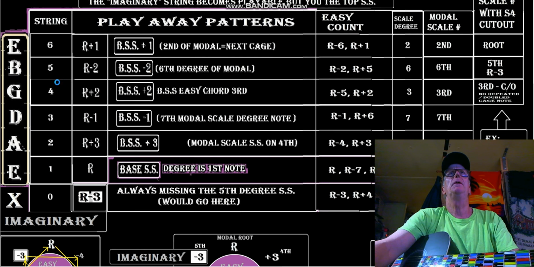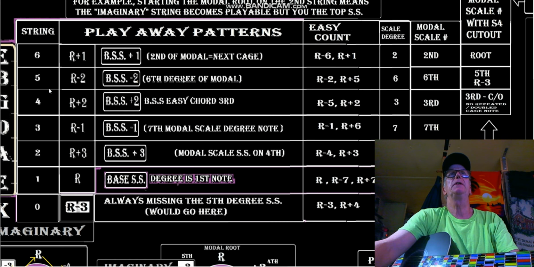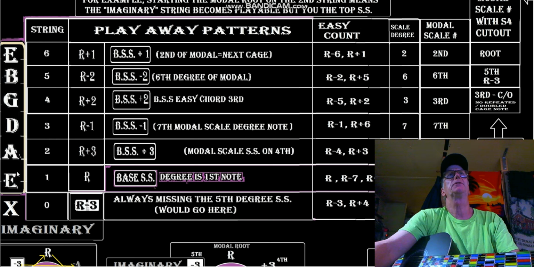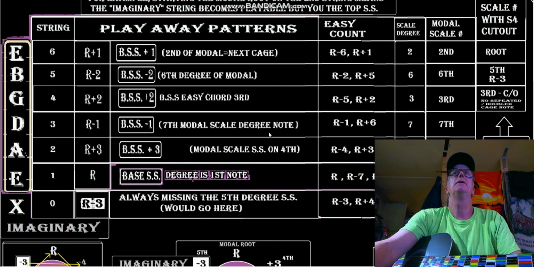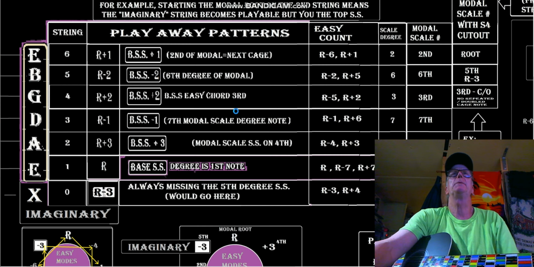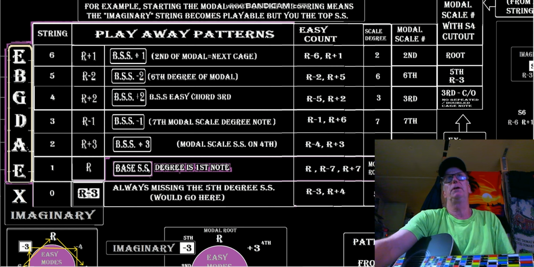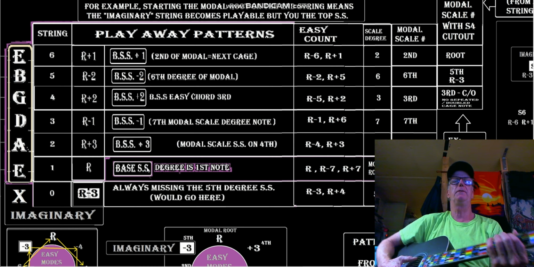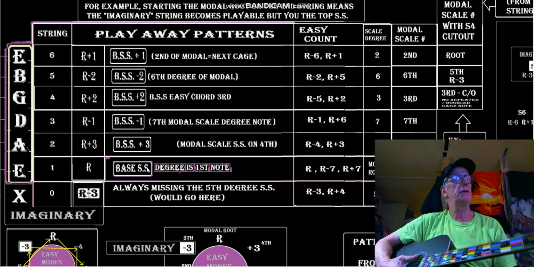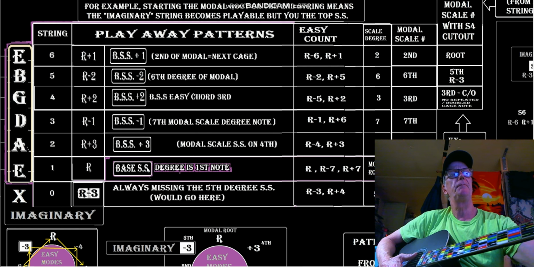If we call the bottom string shape the bass, here are your strings, E, A, D, G, B, E, and then we even have an imaginary string below it. If we call the bottom string shape the bass string shape, we could call it R. So if R is the third, we're doing a Phrygian scale.